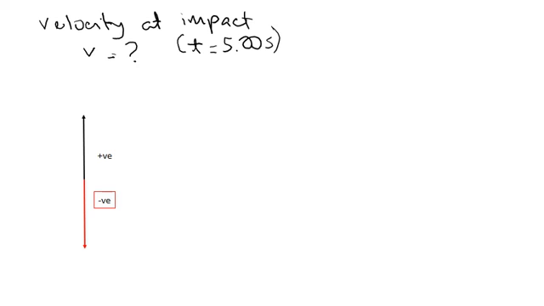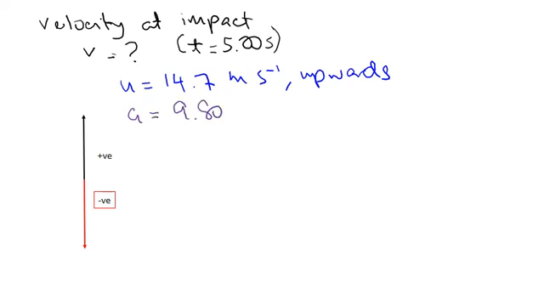Is there any other information we can draw from this question? You should recall that the initial velocity of the wheel was 14.7 meters per second upwards. The value of its acceleration will be 9.80 meters per second squared downwards.